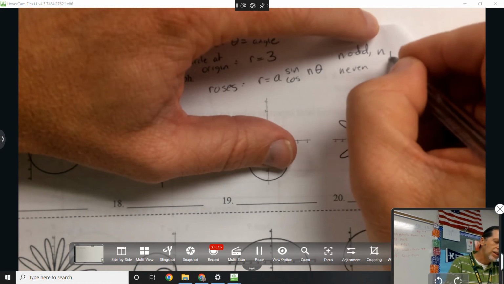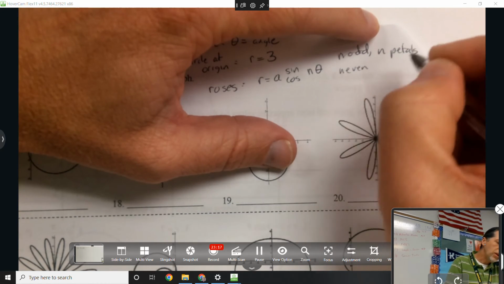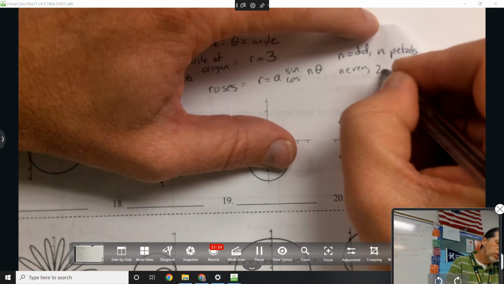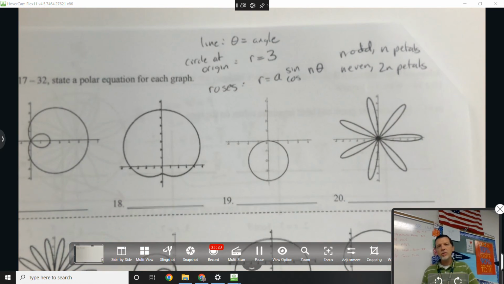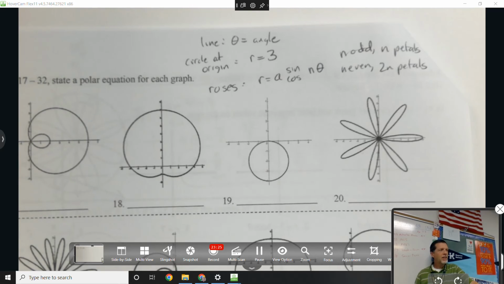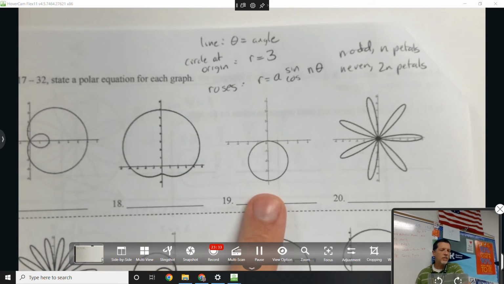Yeah, you'd have n petals. If n is even, how many petals do you have? 2n petals. And then the special case was if n is 1, well, 1 is odd, so you have 1 petal, it turns into a circle. So like number 19, is that a rose or a circle? Sort of like, is it a rectangle or a square? Well, that was both.